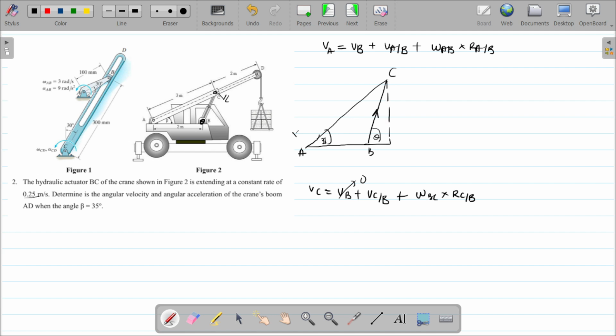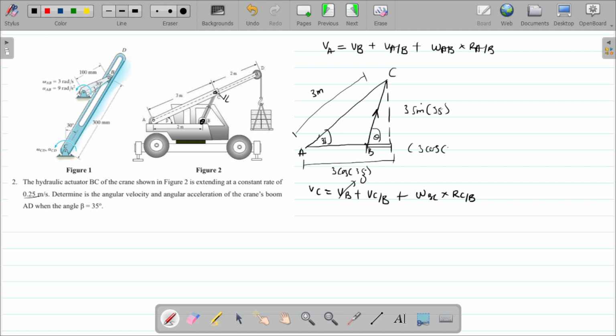Knowing that from here to here is 3 m, here will be 3 sine 35, and from here to here will be 3 cos 35.